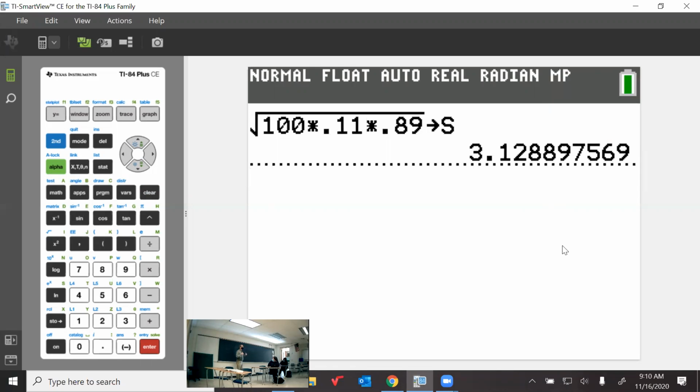We want to find what the z-score is for 15. So the z-score would be 15 subtract 11, divided by S, or second answer, either one.